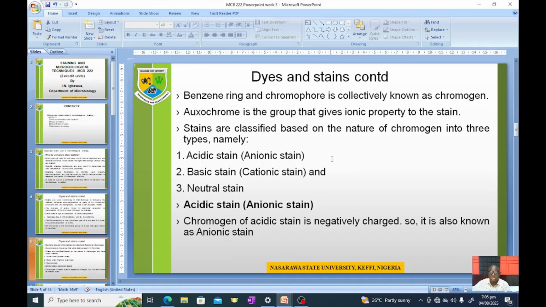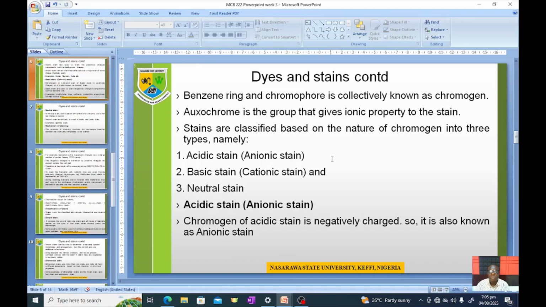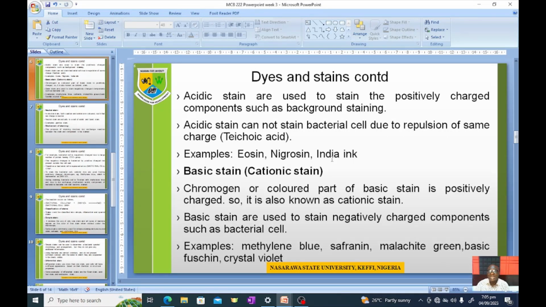The chromogen of an acidic stain is negatively charged, so it is known as an anionic stain. An acidic stain is used to stain the positively charged component, such as the background of a staining.